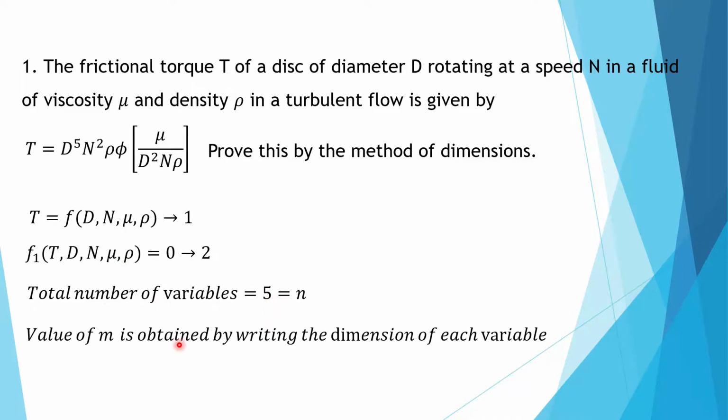Next, the value of m, that is M, L and T, can be found by writing the dimensions of each variable. The torque T is equal to M L square T power minus 2. Diameter is L. Speed n is T power minus 1.